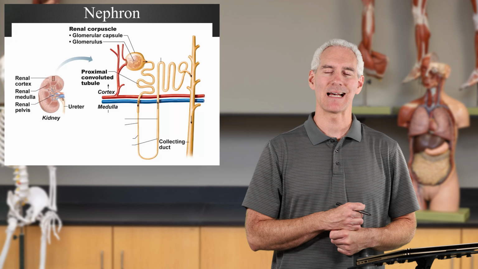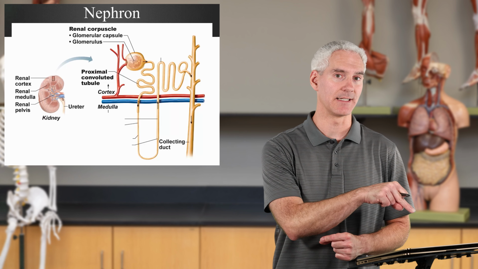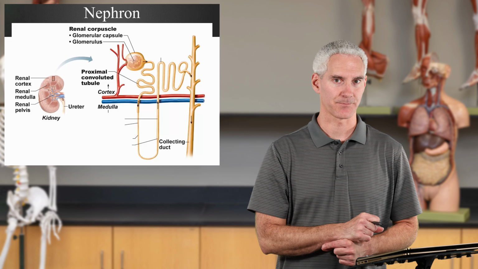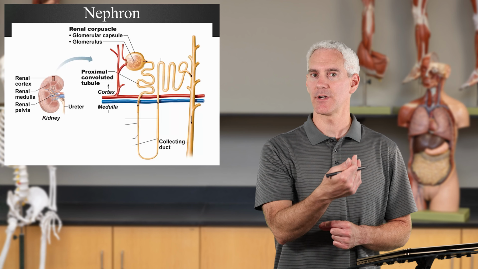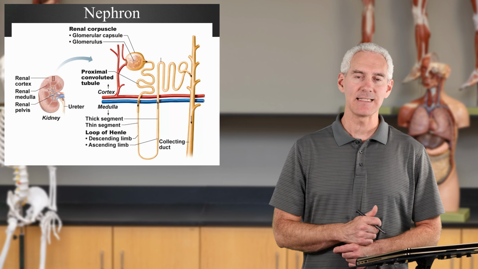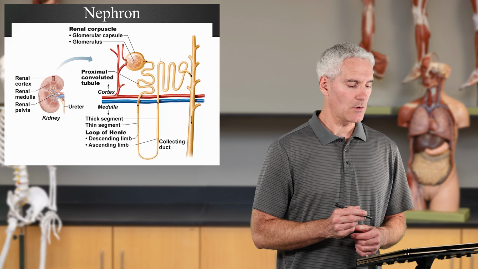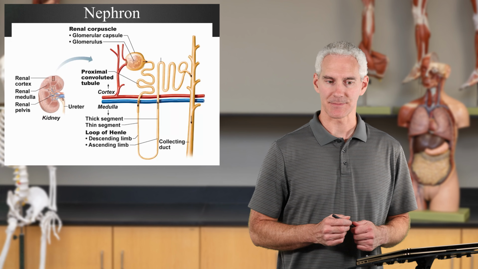So the proximal convoluted tubule is going to take the filtrate that was collected in the renal corpuscle. It'll then take that filtrate, go through the proximal convoluted tubule, heading down into the loop of Henle, or the renal loop. Now notice the terms like thick and thin segment.